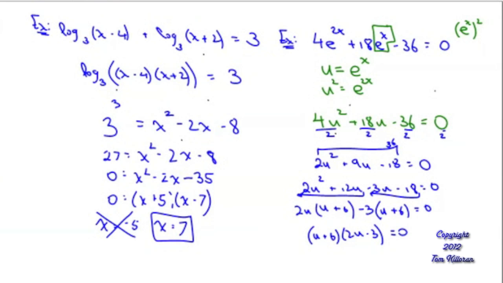Great. Problem is, I'm not really looking for u. I'm looking for what u is equal to, which happens to be e to the x. So when I solve this, I get u equals negative 6, but u is equal to e to the x, so e to the x is equal to negative 6.